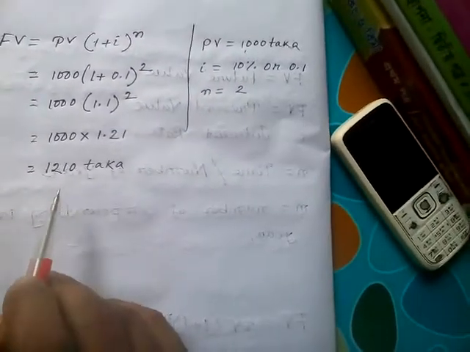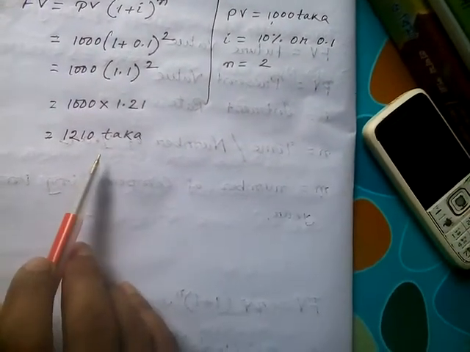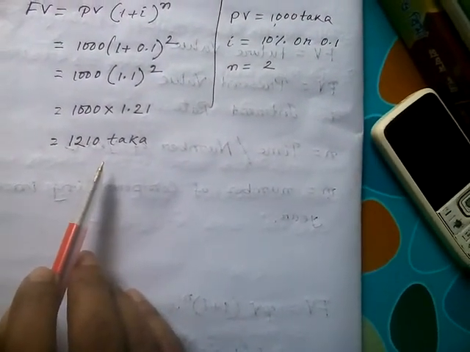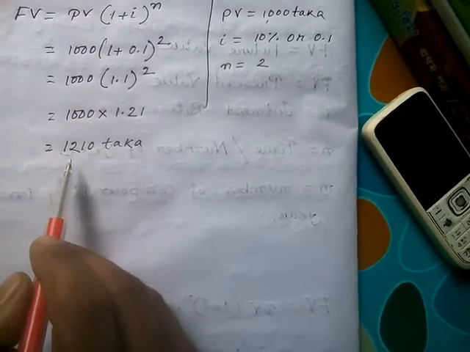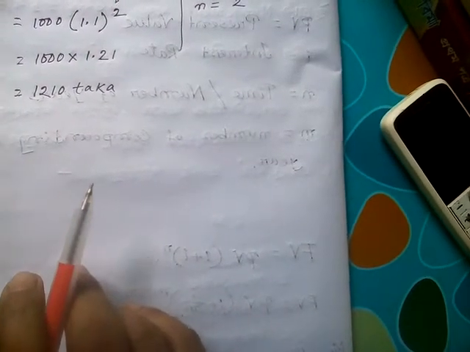So easily we can understand, if Mr. Arman deposits his money in the bank for 2 years, after 2 years he will get 1210 taka, although he deposited taka 1000 2 years ago.